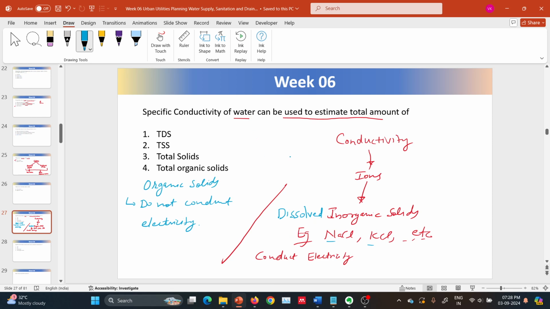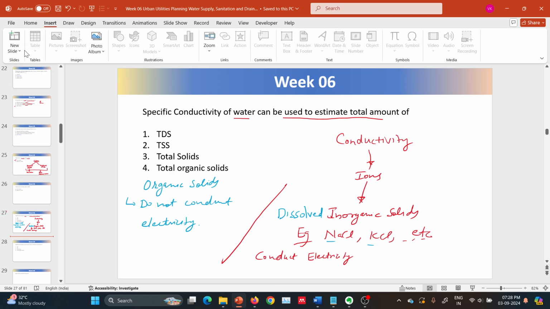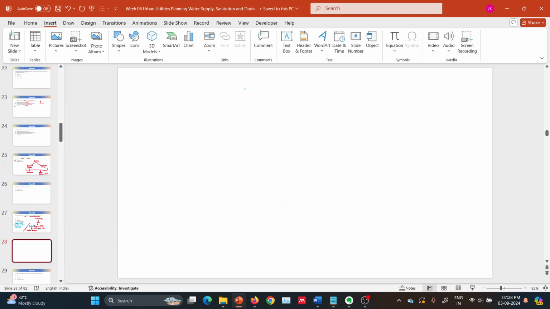So if I talk about dissolved solids, they can be organic or can be inorganic.